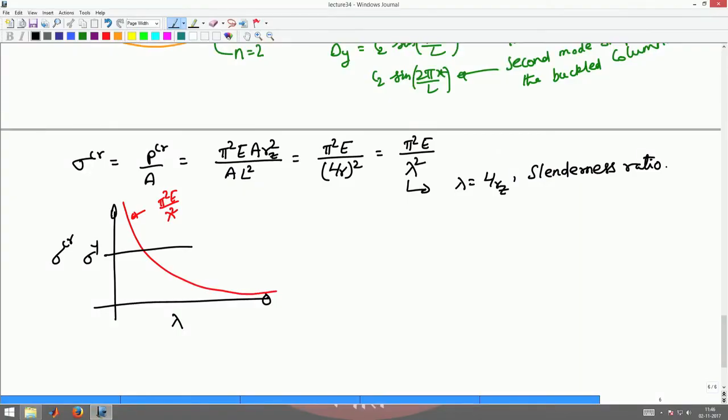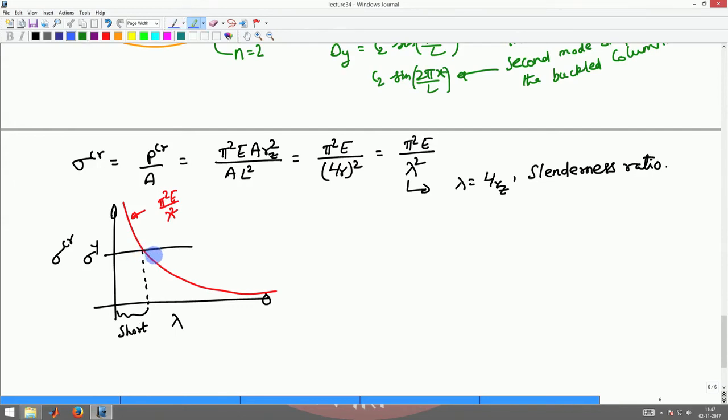What I mean by this is, up to this regime the column is called a short column. A short column won't fail by buckling or by bending, it won't fail by delta y being non-zero. In the short column it won't fail by generating a delta y deformation. It will have only axial compression, there will not be a bending action coming in which will cause this failure. Axial compression will cause the failure.